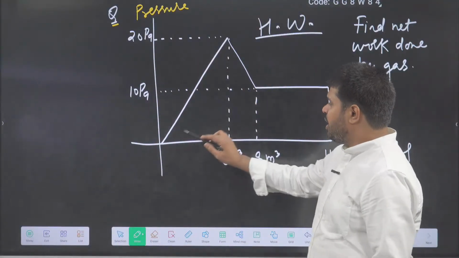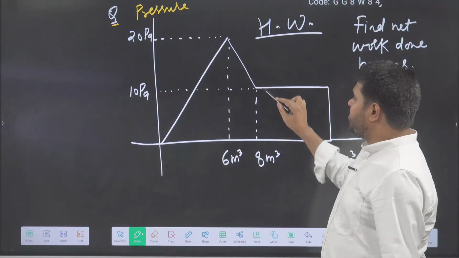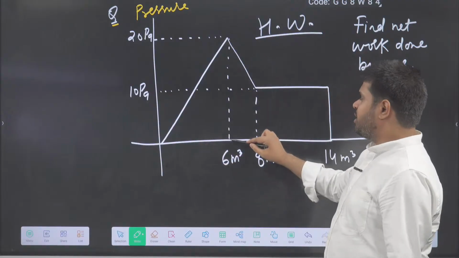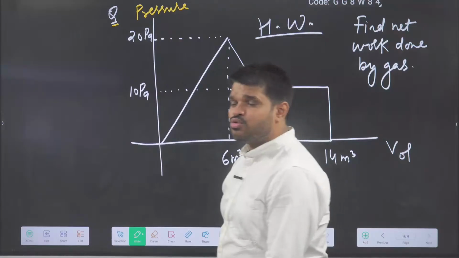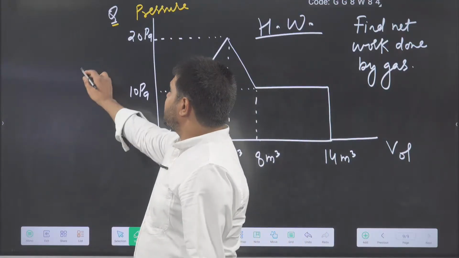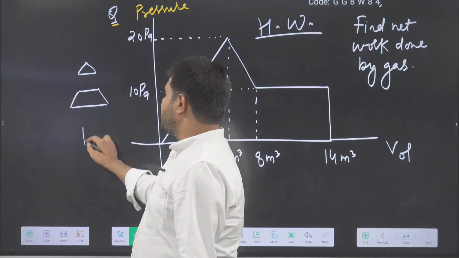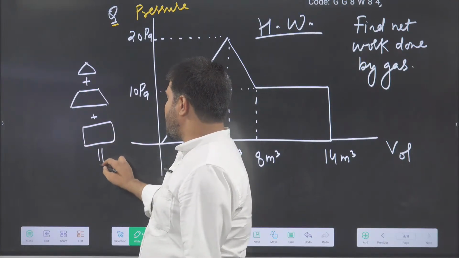So the three basic shapes are triangle, trapezium and rectangle. Add their areas to get the answer.